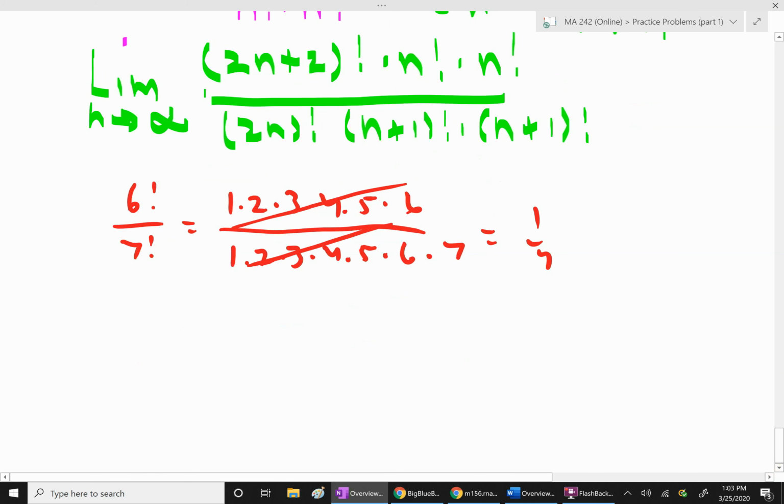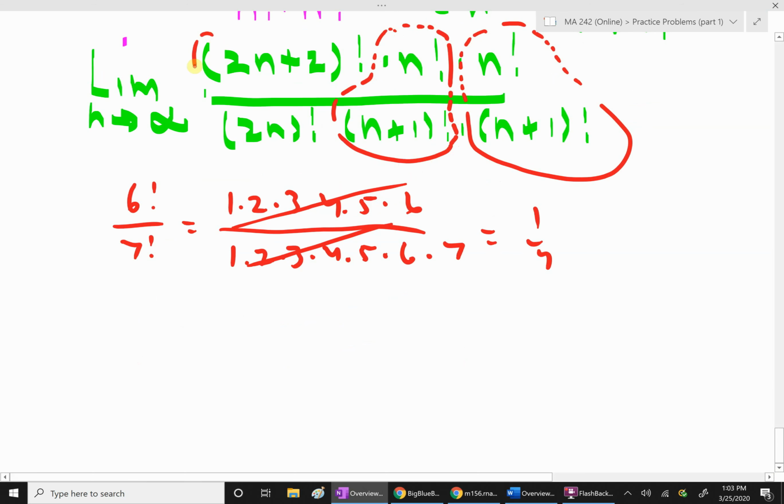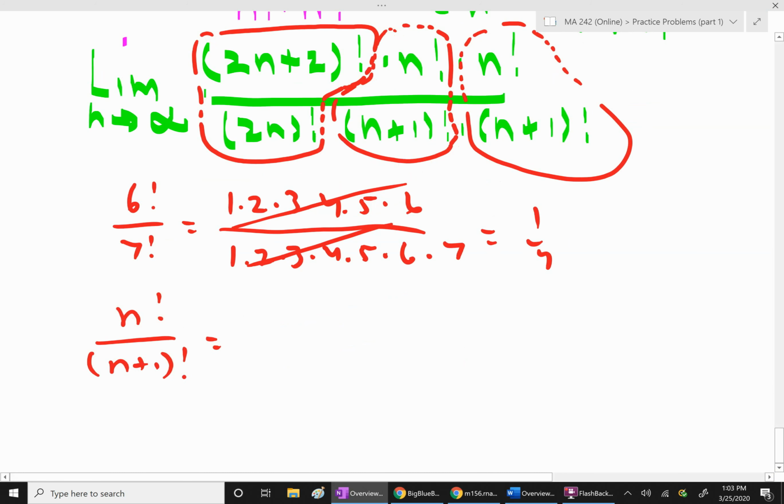So I'm going to use the same thing. I'm going to notice that I can simplify each of these guys. What I'm going to notice is that n factorial over n plus 1 factorial, what will it give me? Here I'm multiplying everything up to n, right? This one at the bottom?